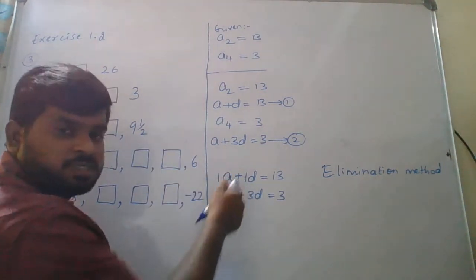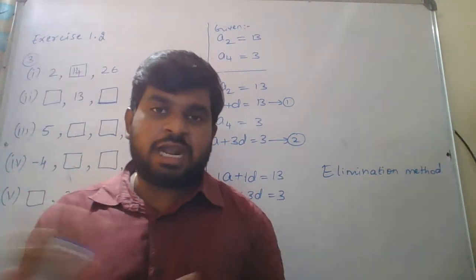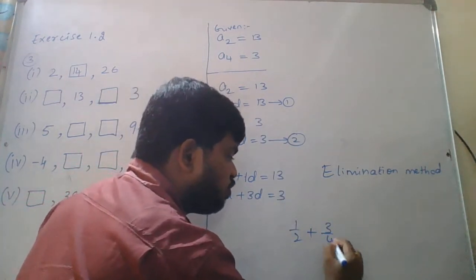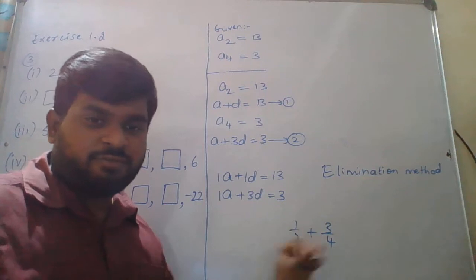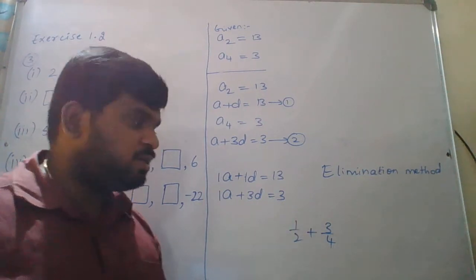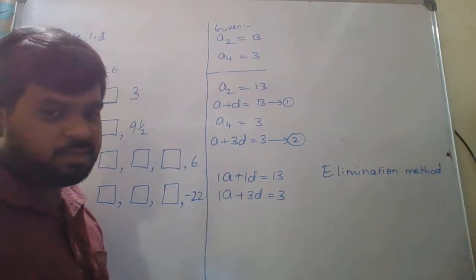How do I make them same? Through LCM. Do you remember when you were adding unlike fractions, 1 by 2 plus 3 by 4? The denominators are different, we cannot add them. What do we do? We take LCM and we make them same, isn't it? That's what we're going to do here.